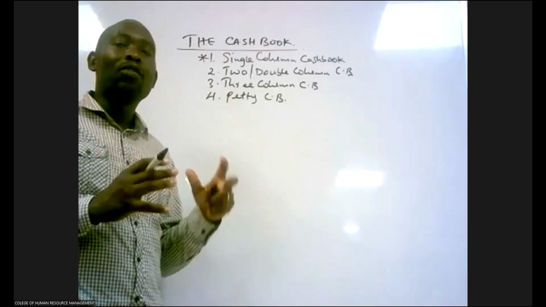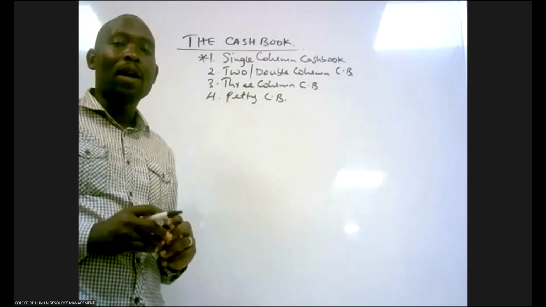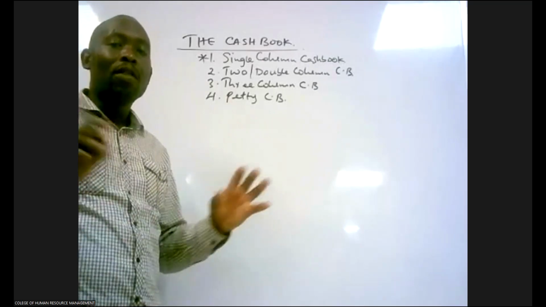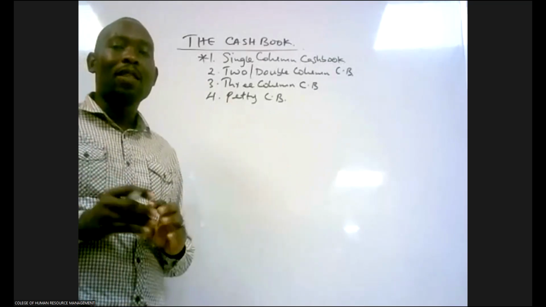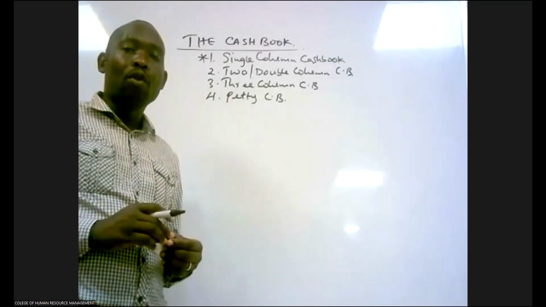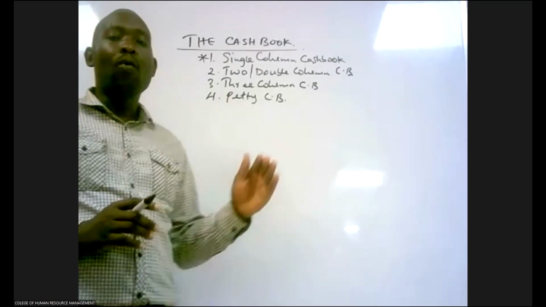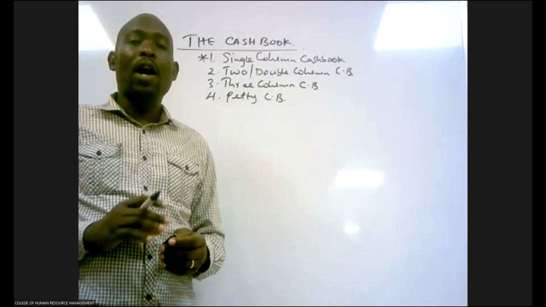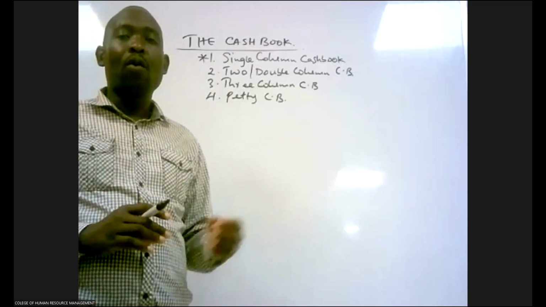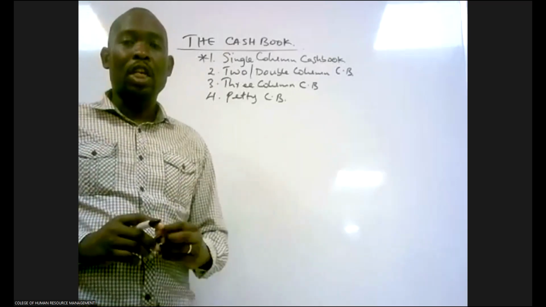If you go to your ledger accounts and look at the cash account and the bank account you prepared, when they are separate like that, they are your single column cash book. Both recorded when money was coming in and when money was moving out. When money comes into the business in form of cash, we debit the cash account.